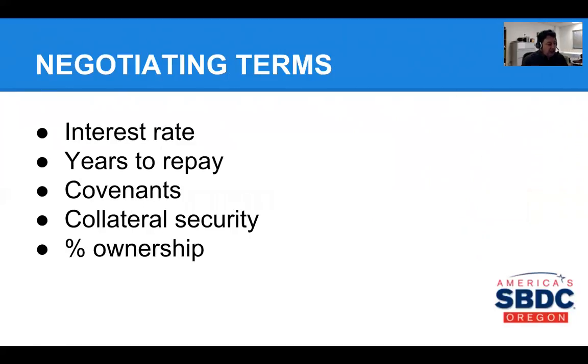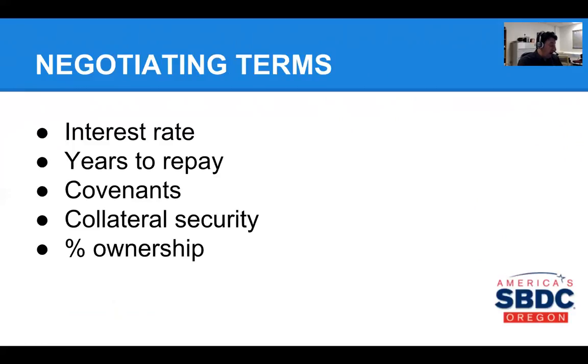So as you negotiate terms for your financing, pay attention to the interest rate and the years to repay. In some cases, there might be covenants where you can only get financing if you show that you have a certain amount of accounts receivable or a certain amount of inventory on hand. They might not extend your credit line if you don't maintain those things.